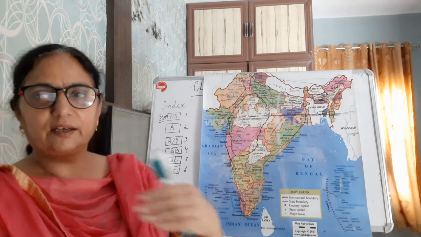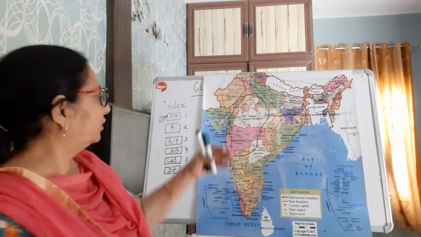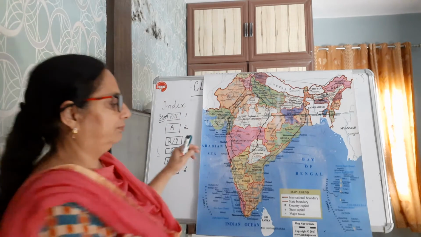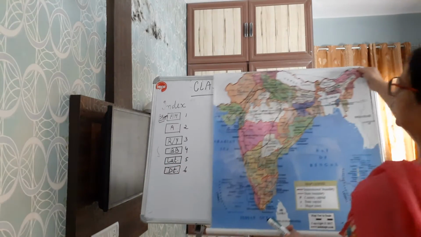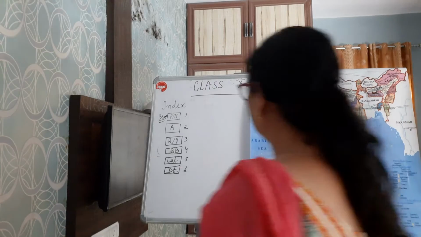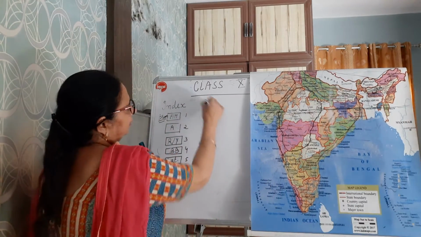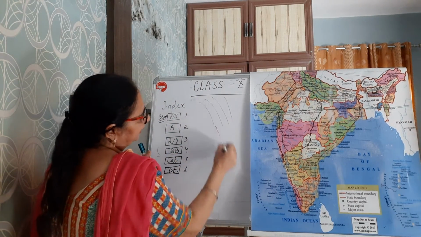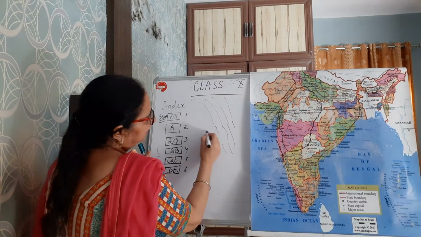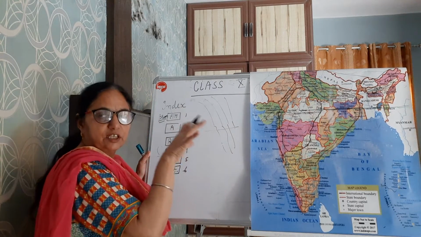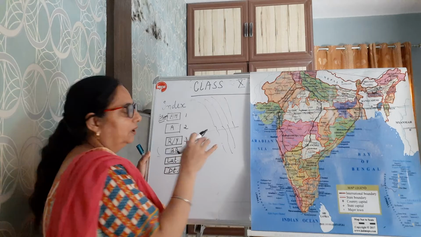Just in our ordinary language, try to understand: when river water flows from the mountain to the plain areas, its speed at once slows down.